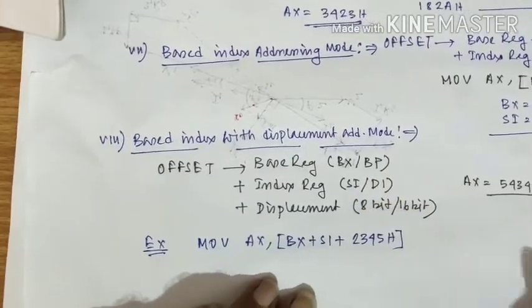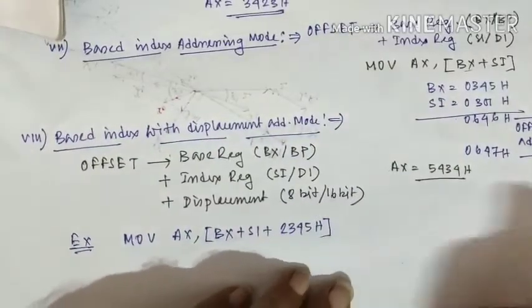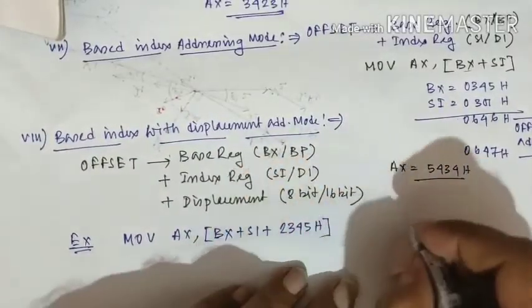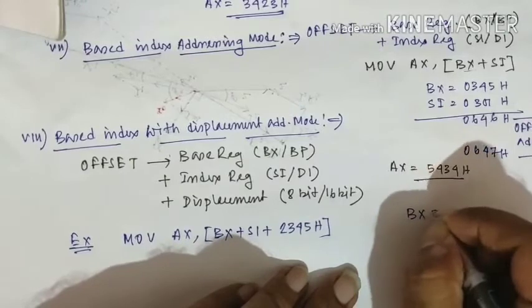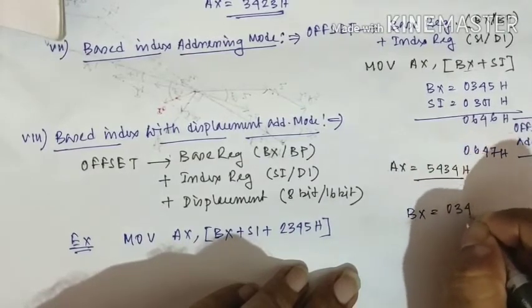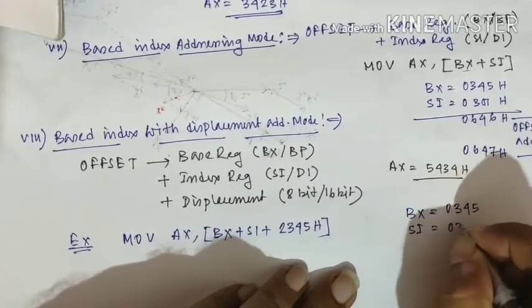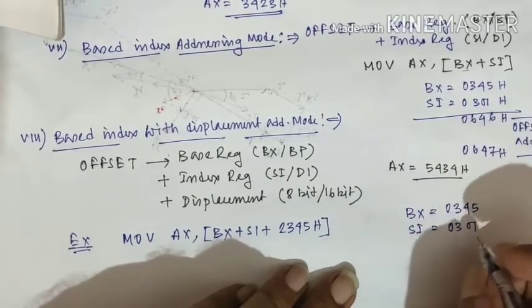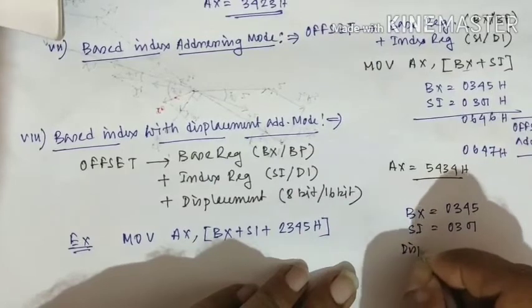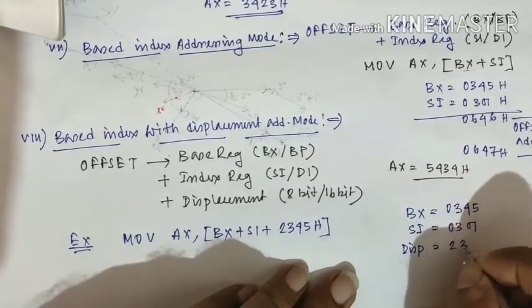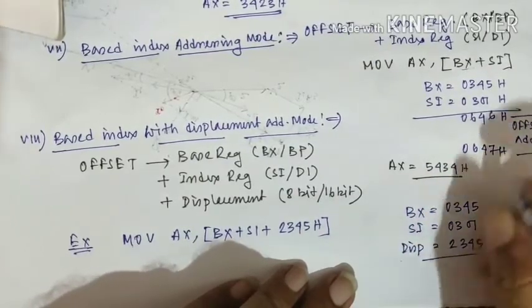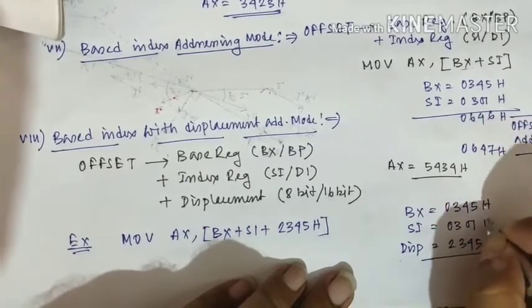So if this happens, what will be the result? First we need to add these three. We have already assumed that BX contains 0345, SI contains 0301, and the displacement we have taken is 2345. So add these three numbers.